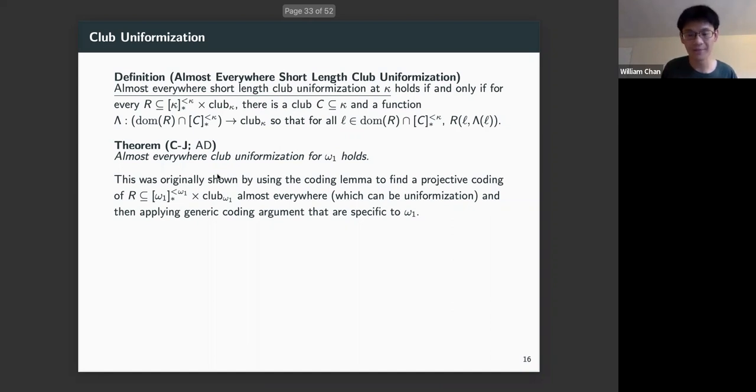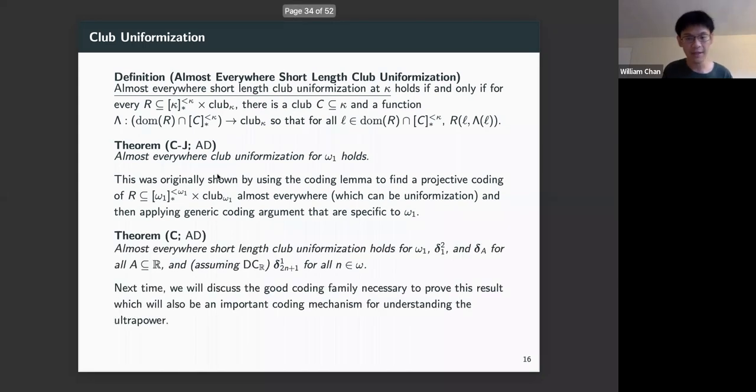Projective relations can be uniformized under AD, so we pick a uniformization for this, and then using the well-ordered additivity of the meager ideal, you do certain generic coding arguments that allow you to find this uniformization. Again, these generic coding arguments and category arguments don't work very well when you're beyond omega 1. So for some time we didn't know how to even prove this for delta 1,3.